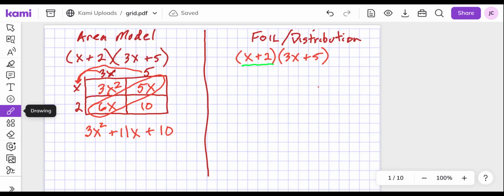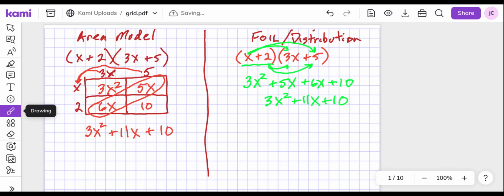So I'm going to start with x, and I'm going to multiply the x by both the terms. So I'm going to get 3x squared plus 5x. And then I do the same thing with the 2. Multiply the 2 by both those terms. So I get plus 6x plus 10. And then when I combine like terms, I get 3x squared plus 11x plus 10.